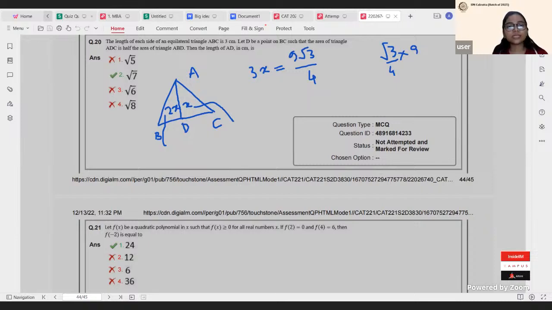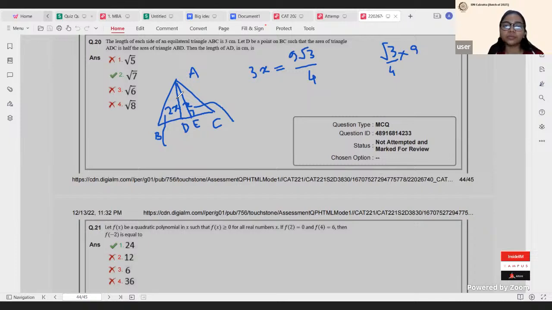So in that case, what we can do is plain and simple put a point somewhere here.